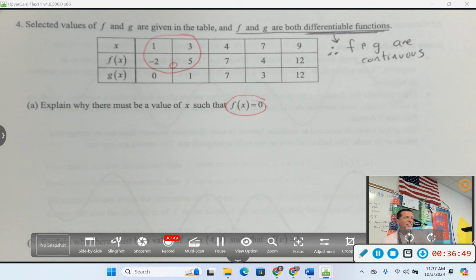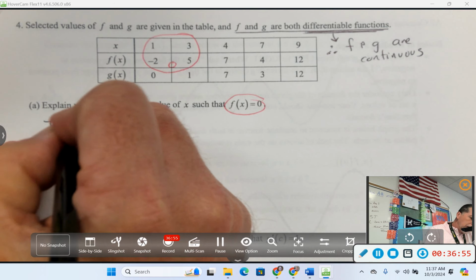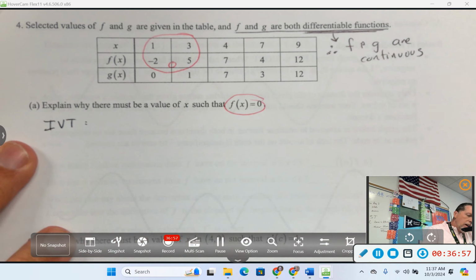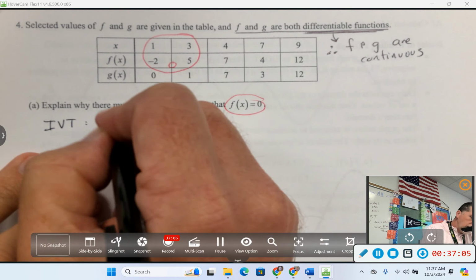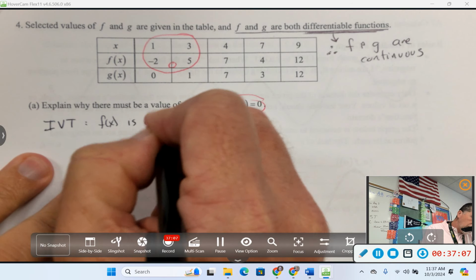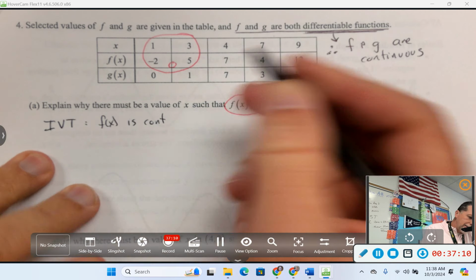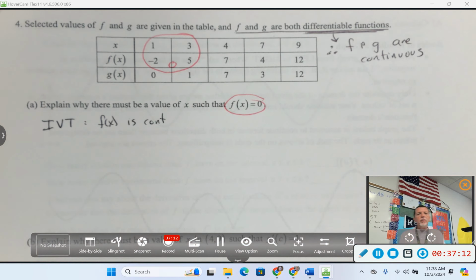This is an IVT problem, an intermediate value. This is not an average slope thing. For IVT, it doesn't matter about a cusp. It just has to be continuous. So I'm not worried about differentiable. F of x is continuous everywhere, so I can just say continuous.